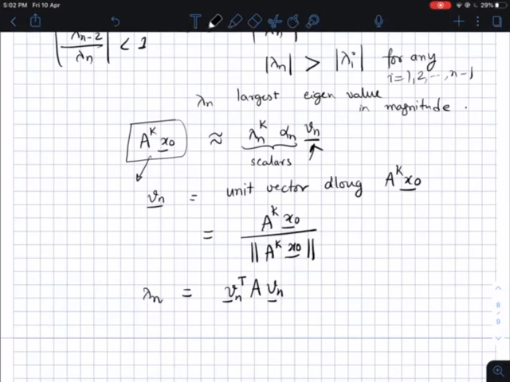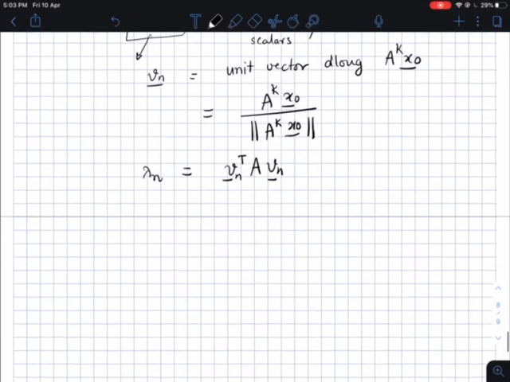So this is an algorithm. It's probably one of the early and still very powerful algorithms to find the eigenvalue of the largest magnitude. So you can use this algorithm to do so.